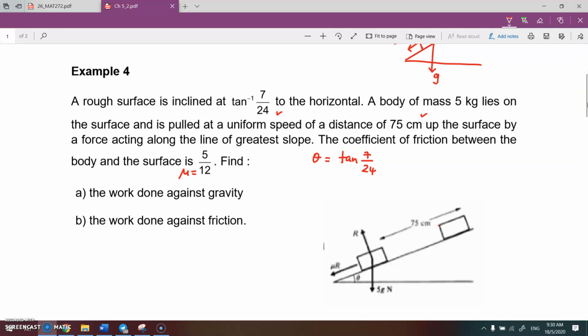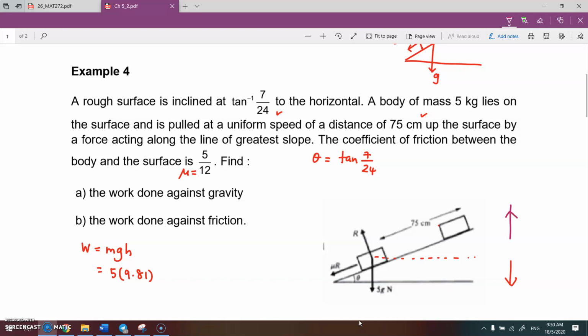So how are we going to find the work against gravity? We will use the formula mgh, where the mass is 5 kilogram and g is 9.81. And how about the height? Against gravity means your gravity will always point down, so against gravity will always go up, in this direction.